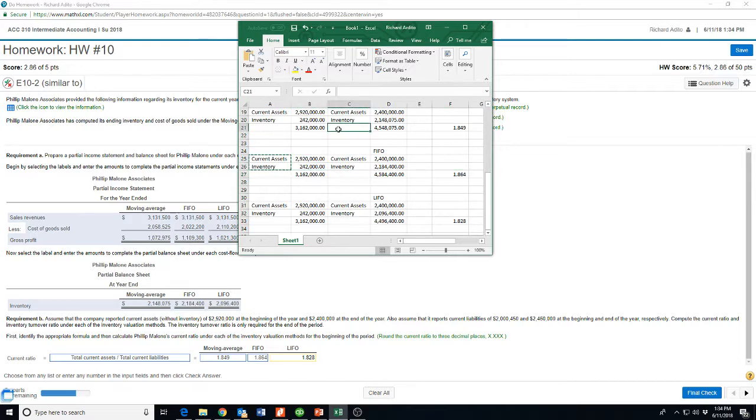Let's do this one. So that would be this divided by current liabilities at the beginning of the year, which were $2,450,000. I'm going to put that there, and I need to give it 3 decimals. Each one of those has the same value at the beginning of the year, so those would all be the same.